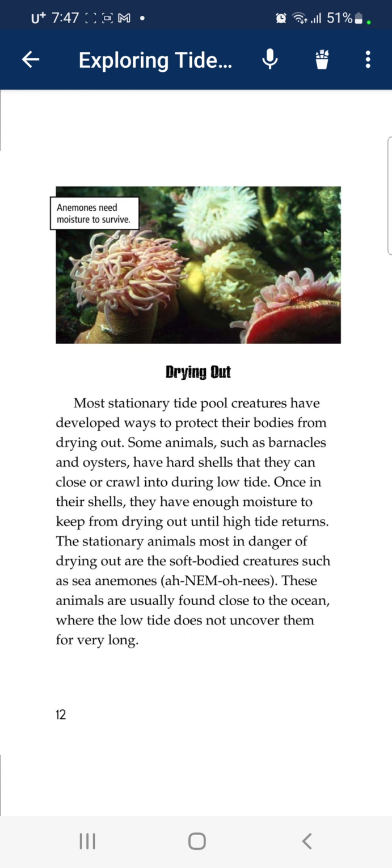The stationary animals most in danger of drying out are the soft-bodied creatures such as sea anemones. These animals are usually found close to the ocean, where the low tide does not uncover them for very long.